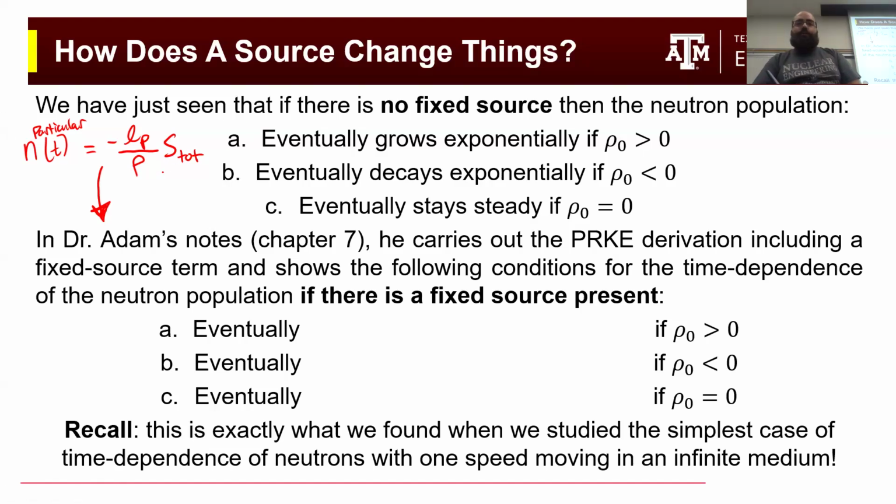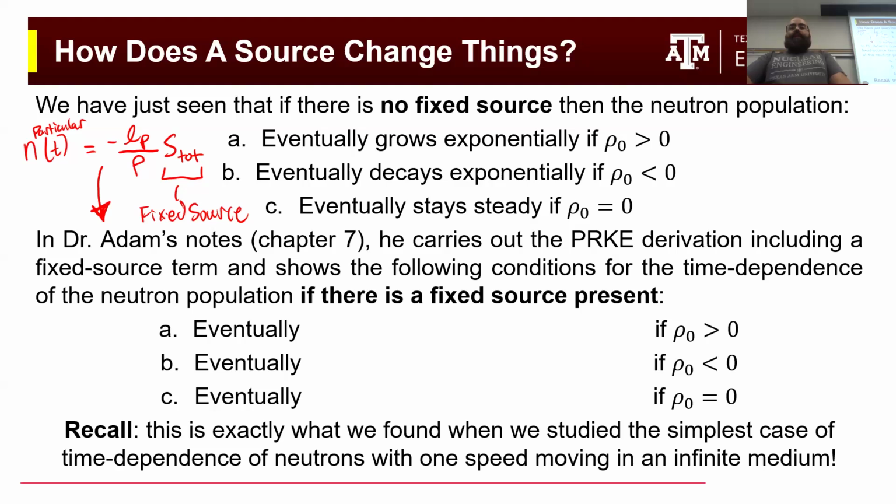Well, that's what this S total is. This S total is some fixed source, so it's effectively a constant. Maybe in my reactor, I have a Californium 252 source, which is used as a neutron starter that just spontaneously emits neutrons into my reactor.